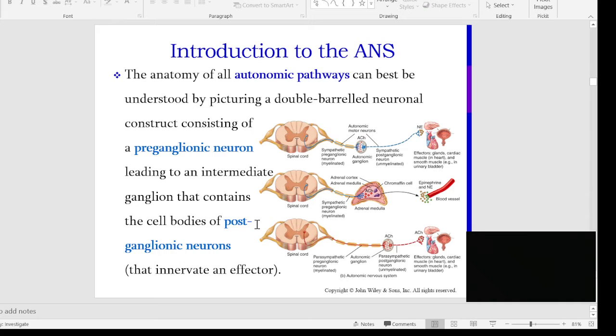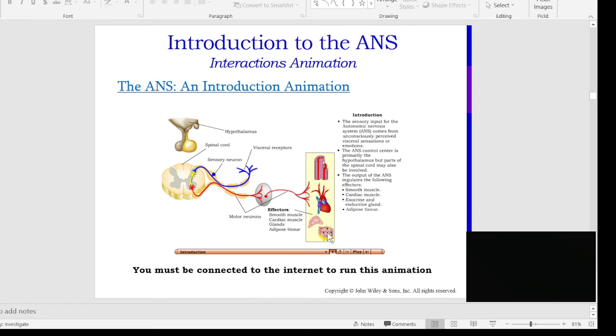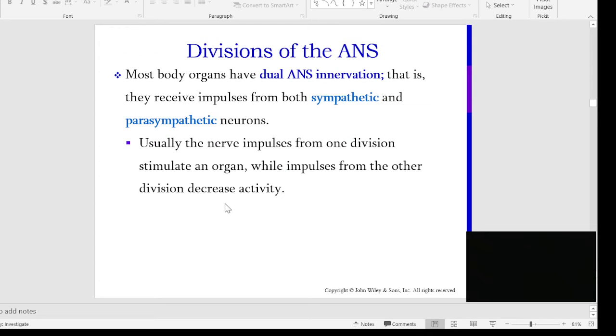Your ENS has its neurons, pre-ganglionic or post-ganglionic, outside the cord. The ganglia are located outside. Most of our organs are dual innervated, by both sympathetic and parasympathetic.